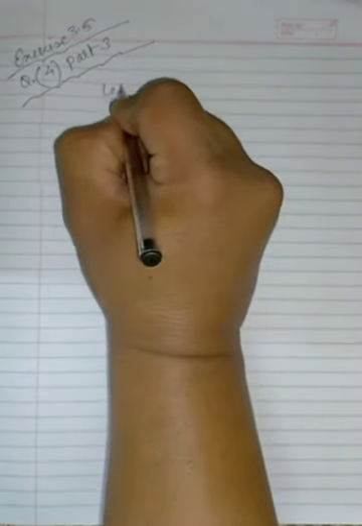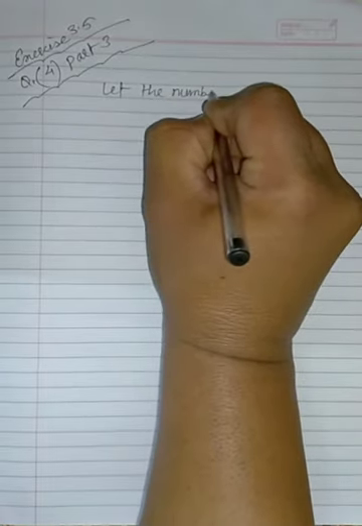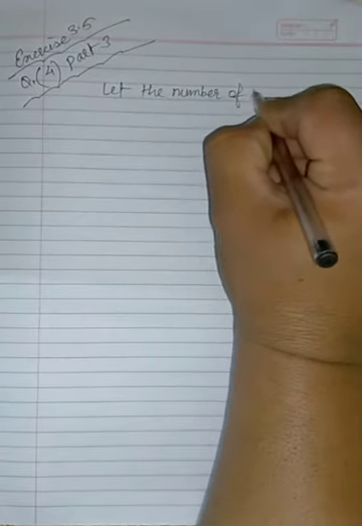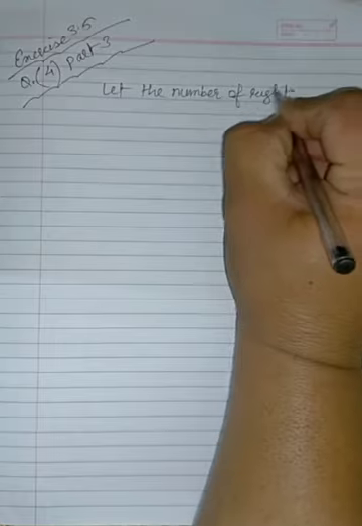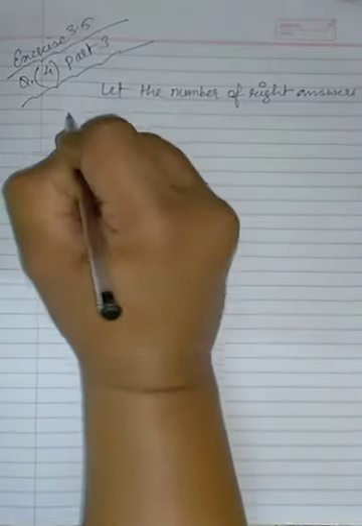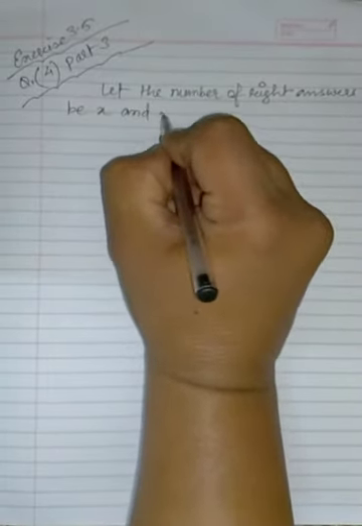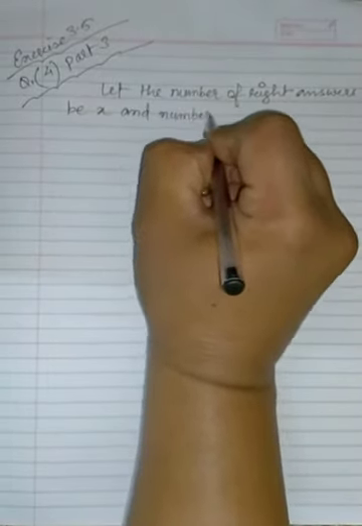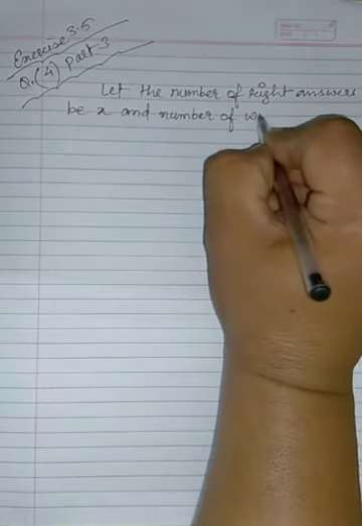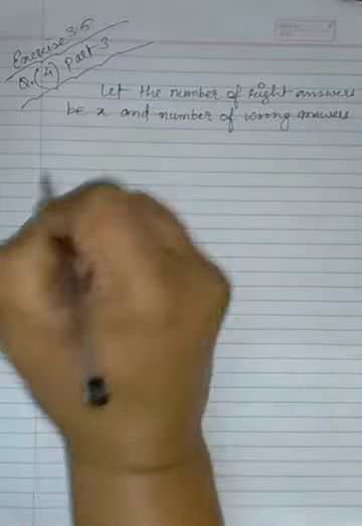So we will start by assuming, let the number of right answers be x and the number of wrong answers be y.